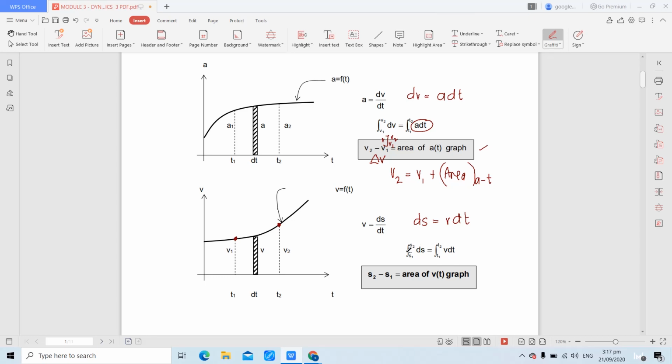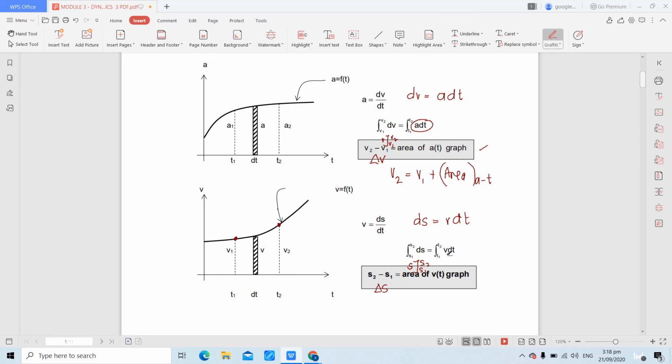Yung limits natin na yon, depende kung saan natin kinukuha yung area natin. Okay. Now, what is the integral of ds? That is s, from s1 to s2. Applying the limits, that will become s2 minus s1. Tama? Or change in position or the displacement.